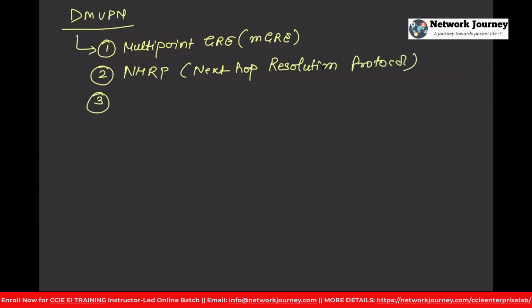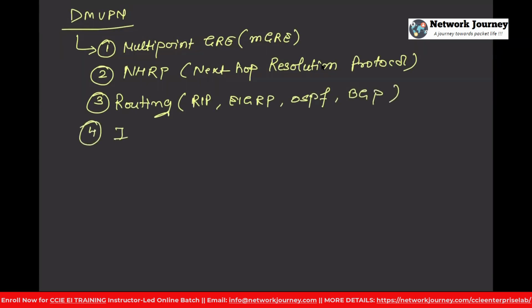The third component is the routing, which you need to run over it. You can run any protocol you like: EIGRP, RIP, OSPF, BGP, etc. And the fourth component is the IPsec component, which is optional.